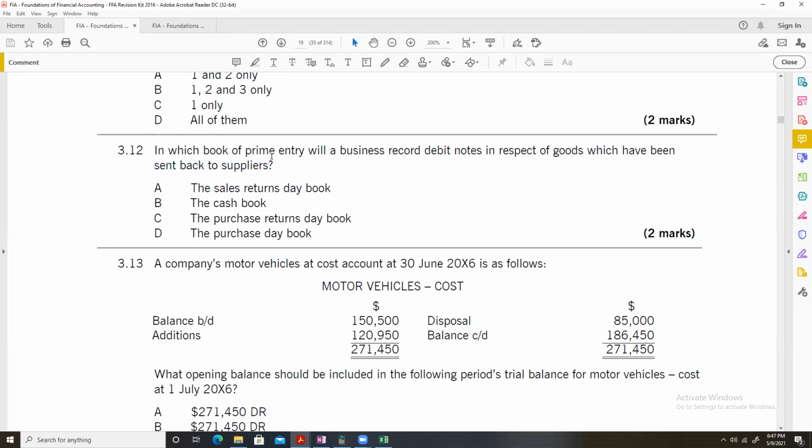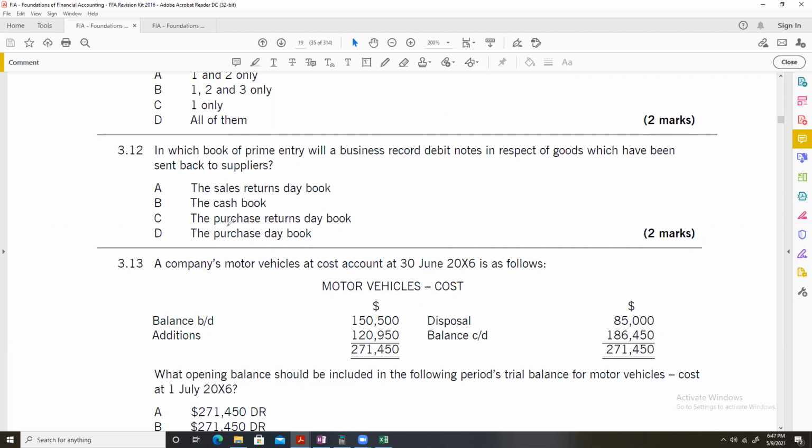In which book of prime entry will a business record debit notes? Now, when does a business normally send debit notes to its suppliers? When there are purchases returns, when a business wants to return the goods that it had already purchased from its suppliers.